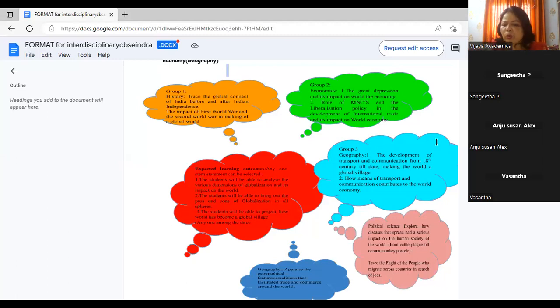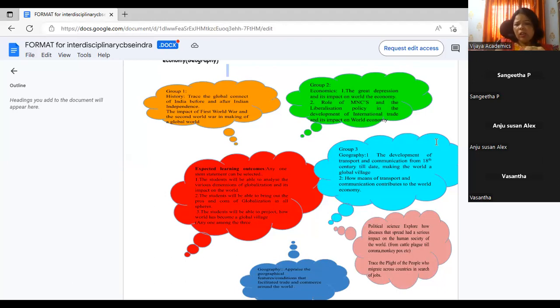Now for group 2, another activity is given in economics: the Great Depression and its impact on the world economy. The second point is the role of MNCs, multinational companies, and liberalization policy in the development of international trade and its impact on the world economy.